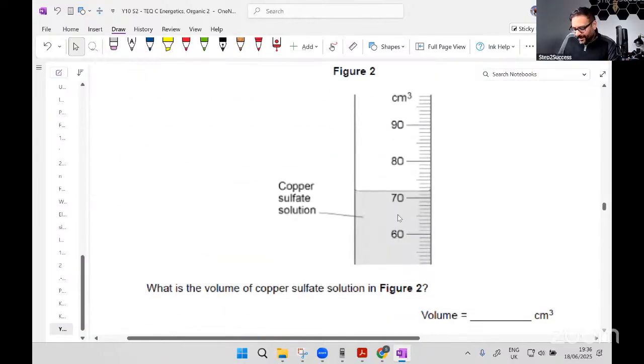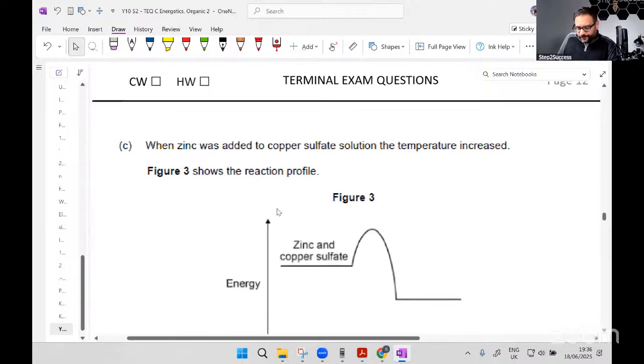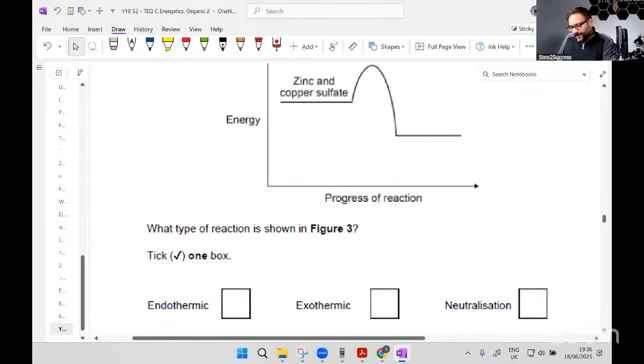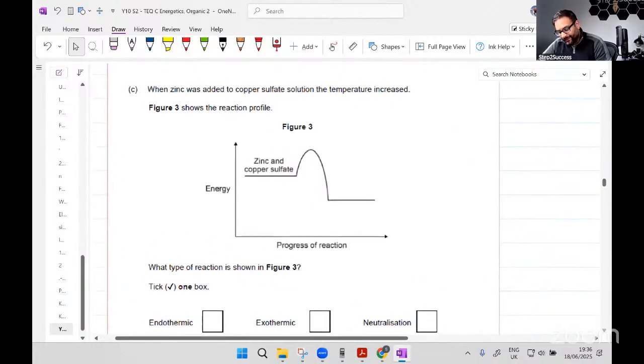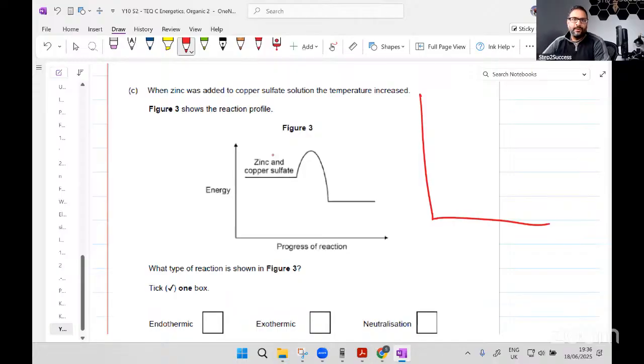I am not going to answer that question because, madness. And then this one I also shouldn't really answer, but I will. There are two types of these graphs: endothermic or exothermic. The way you tell which one's which is purely by looking at these two lines.